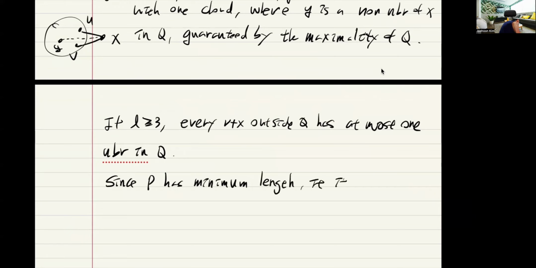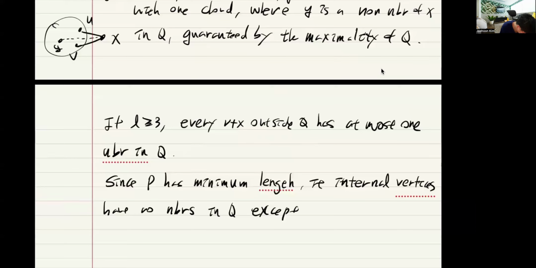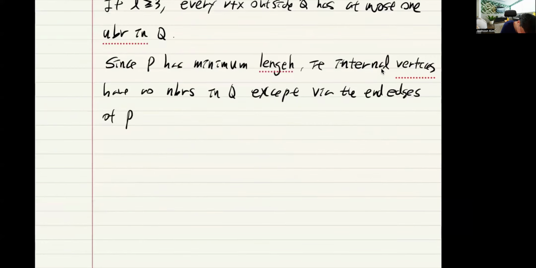What do you know? Its internal vertices have no neighbor in Q except the other end edges. Meaning that if you have Q and then you have U, you have V, you have this P, these vertices don't have any edges inside of here.